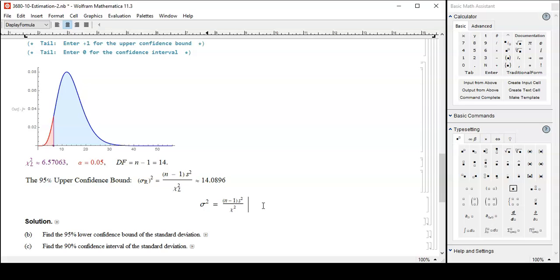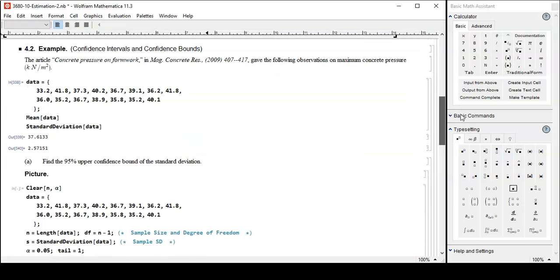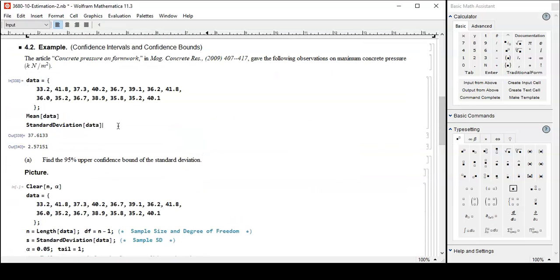So here, this is going to be 14. And then what is the sample variance? This is the sample standard deviation, 2.57 something, this one.